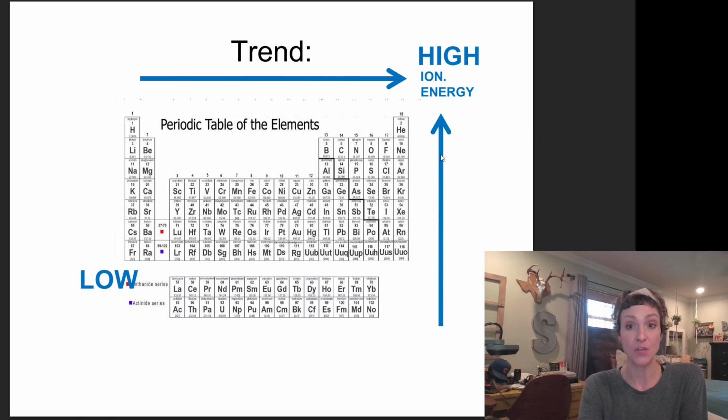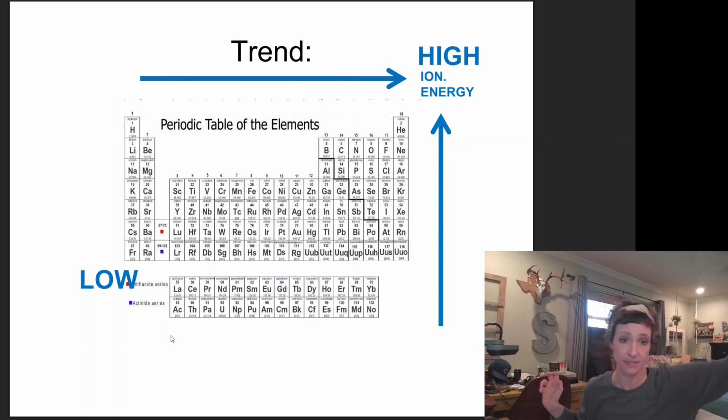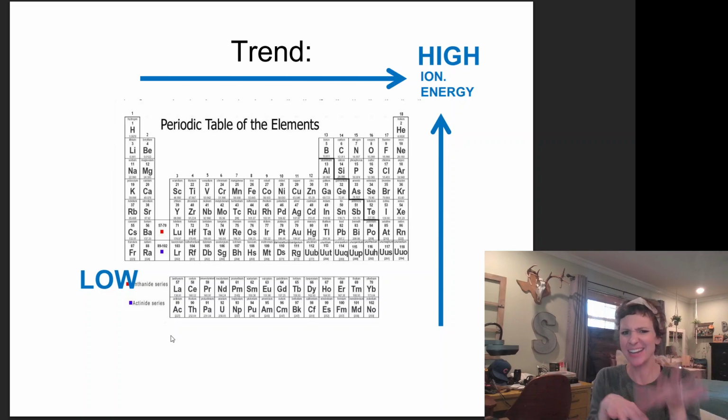So over here, where my helium corner of the periodic table is, are my elements who have very high ionization energies. It is going to take a lot of energy to steal an electron away from them. Lots. They want to hold on to their electrons. Versus these guys over here, they're all just loosey-goosey. They're like, whatever, take an electron from me. That sounds good.